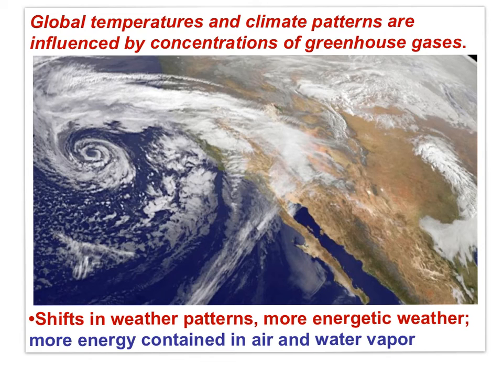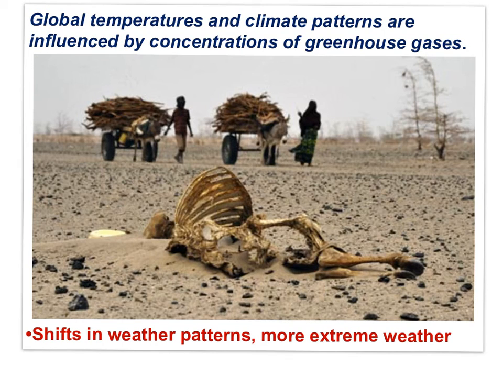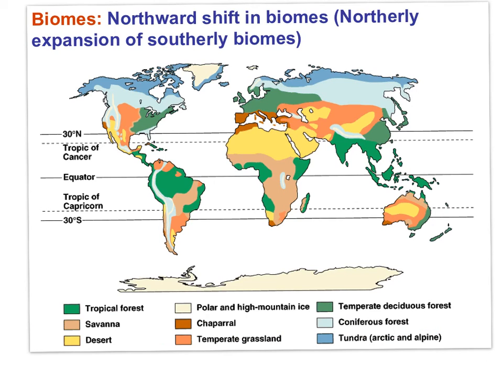There would be shifts in weather patterns, more energetic weather, more rainfall in certain locations, and more drought in other locations. A biome is a major regional biotic community, such as a rainforest, desert, or tundra, characterized chiefly by the dominant forms of plant life and the prevailing climate.